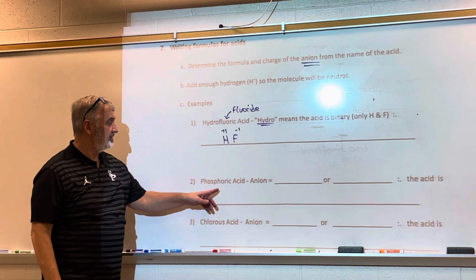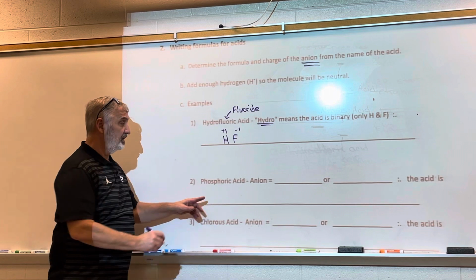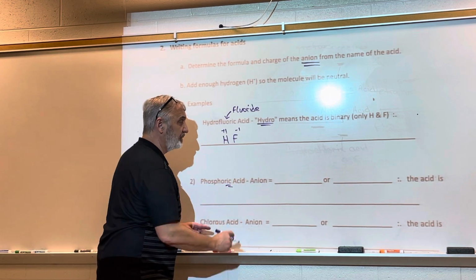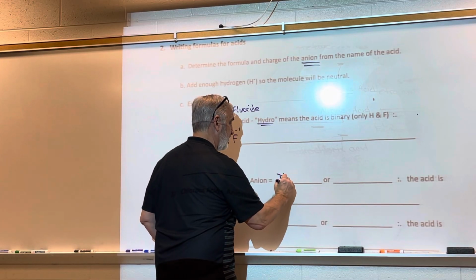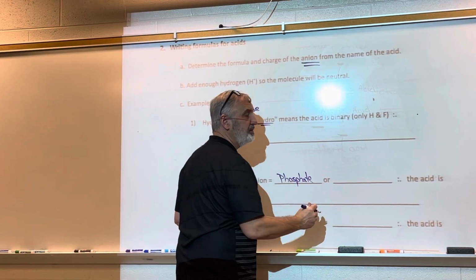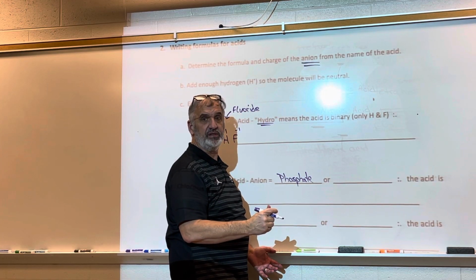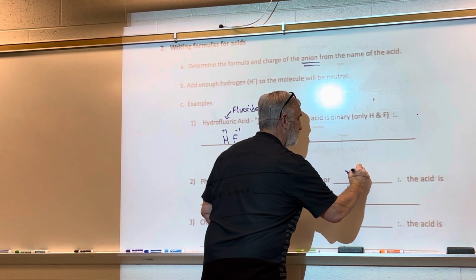But now, phosphoric, there's no hydro. It's "ic," but there's no hydro. So that means that the anion is what? "Ate." Okay, it's phosphate. What's the formula for phosphate? PO4. With what charge? Minus 3, right?